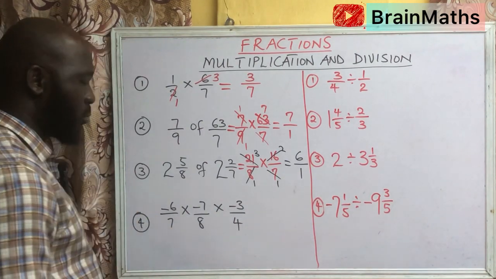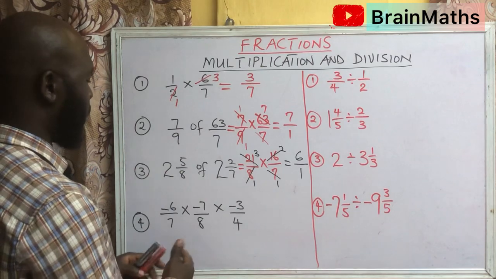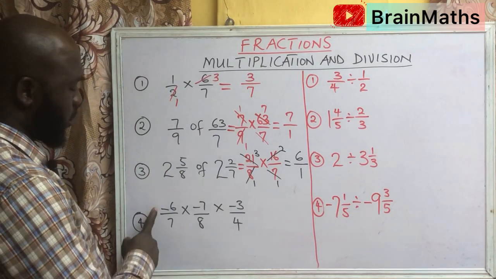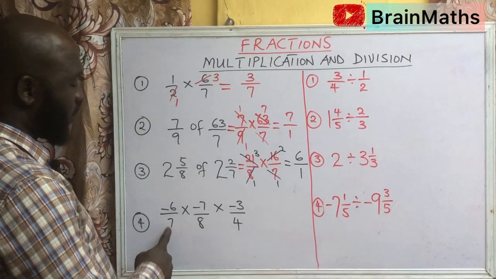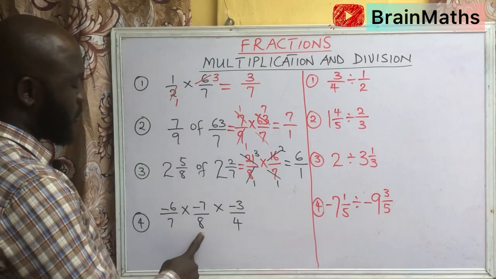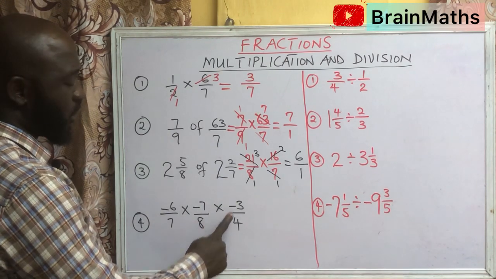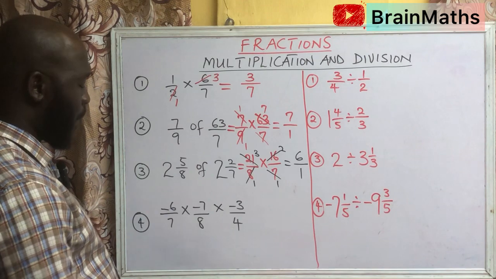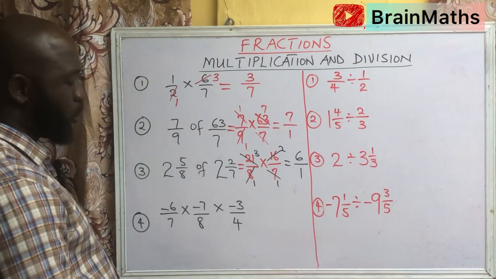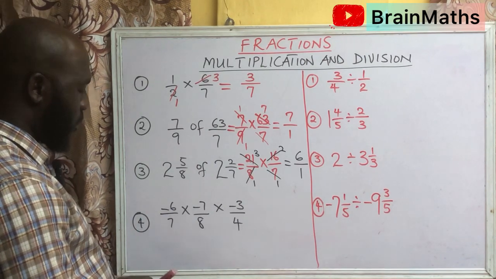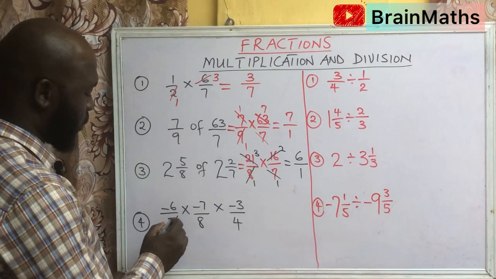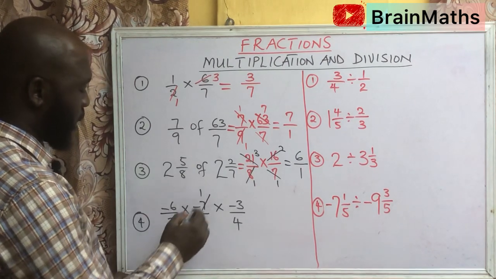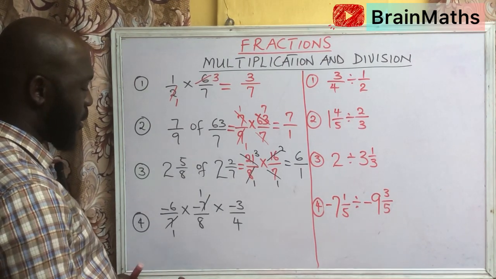The last one on the multiplication side says minus 6 over 7 times minus 7 over 8 times minus 3 over 4. We look through the table. We see that we have 7 and 7 cancelling out each other.